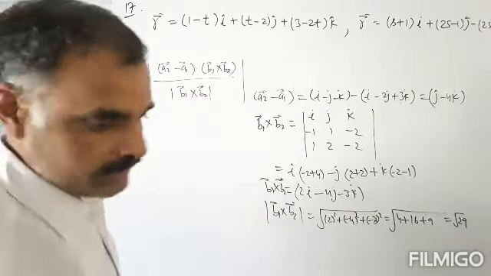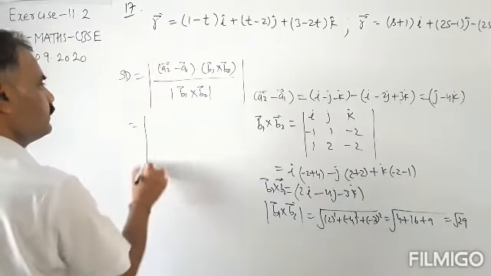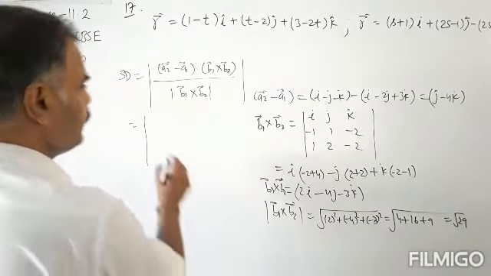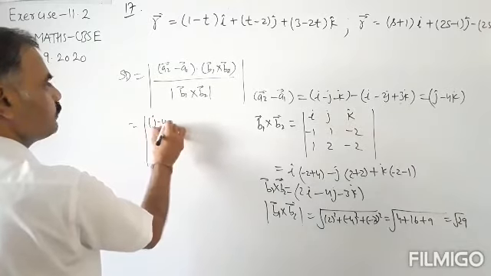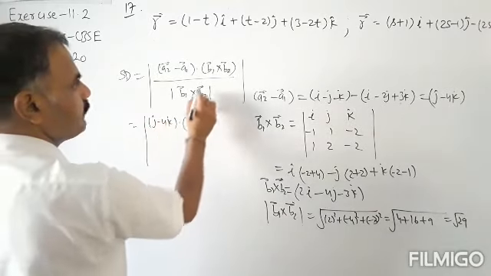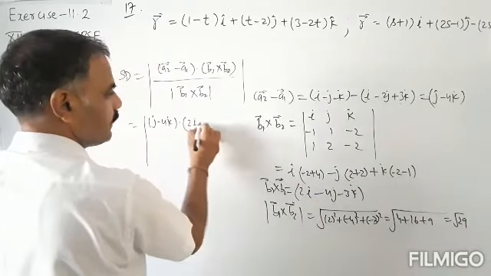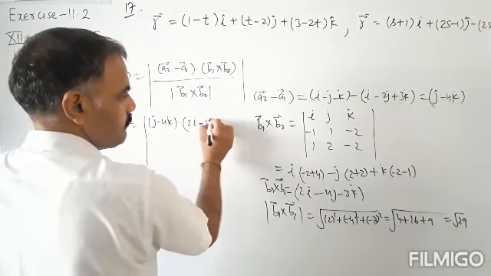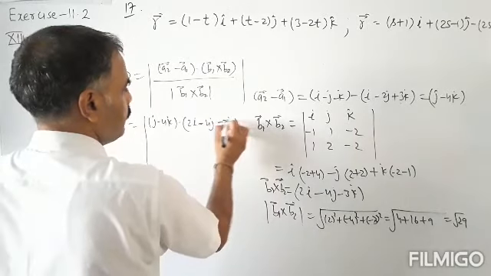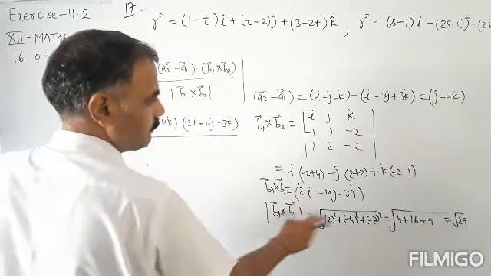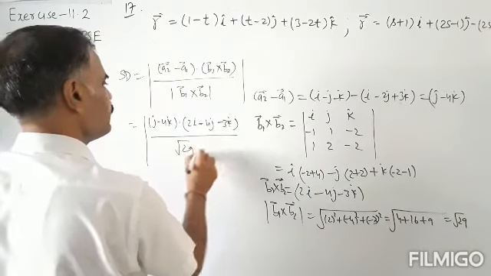Putting all these values here: A2 vector minus A1 vector, that is j cap minus 4k cap, dot product with B1 vector cross B2 vector, that is 2i cap minus 4j cap minus 3k cap, divided by the magnitude, under root 29.